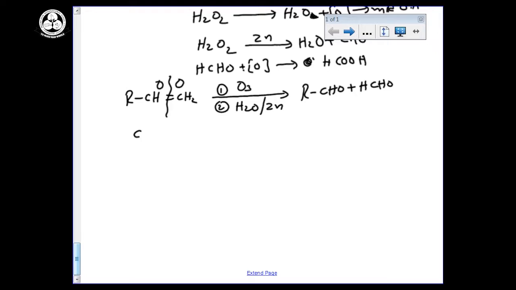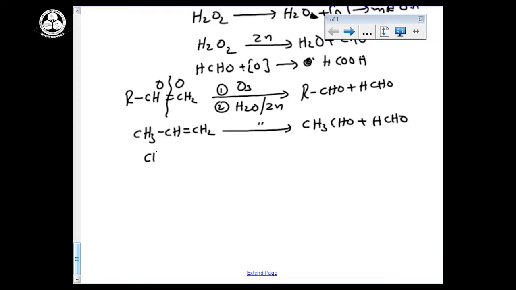Simply you can see like this, CH3 CH double bond CH2, with the same reagent. We get acetaldehyde and formaldehyde.